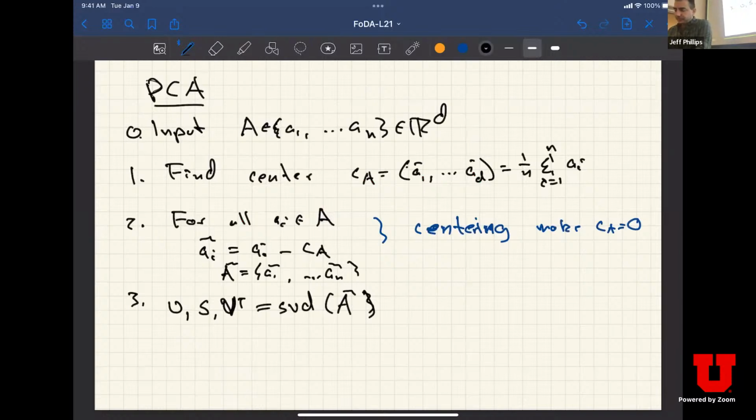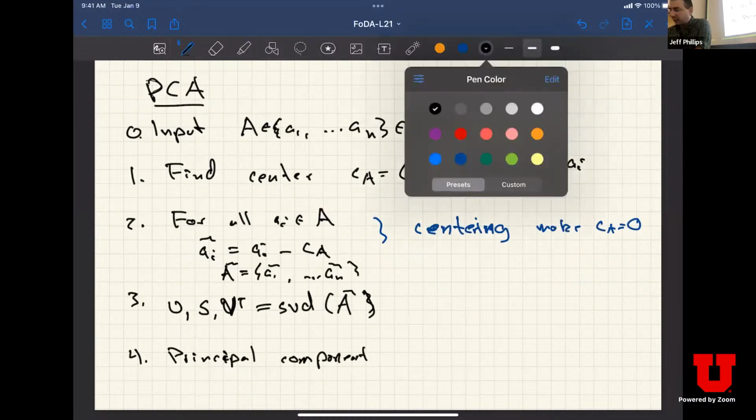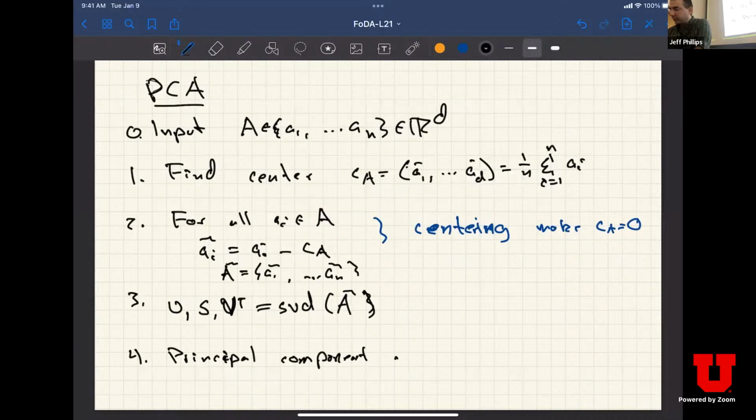And then the principal components or the principal vectors are going to be V1 up to VK, the right singular vectors of A tilde. Okay, so these are the principal components.